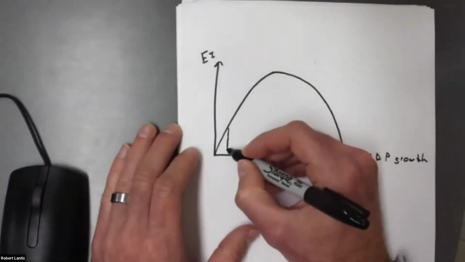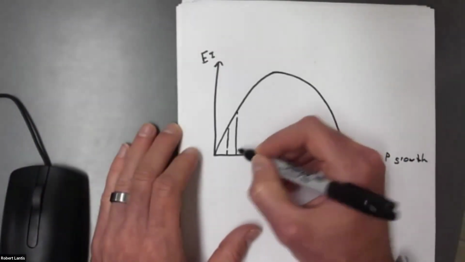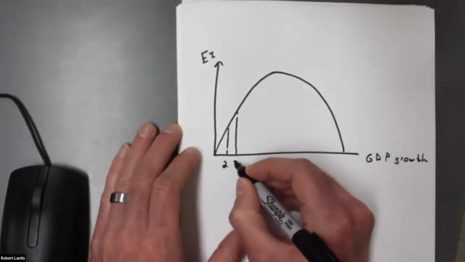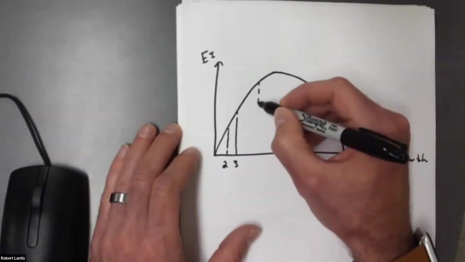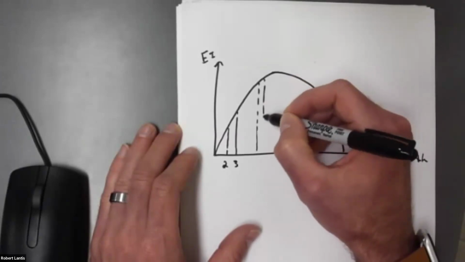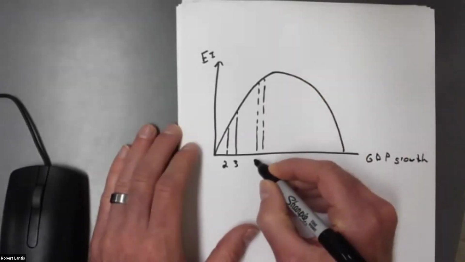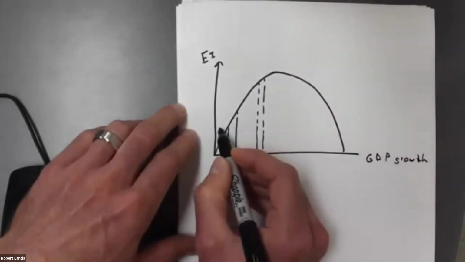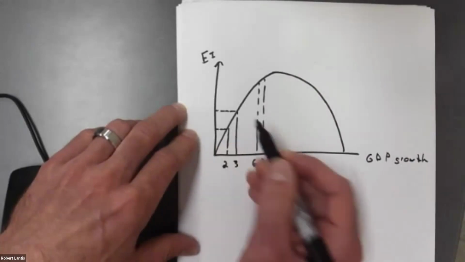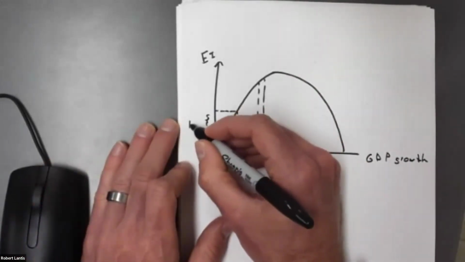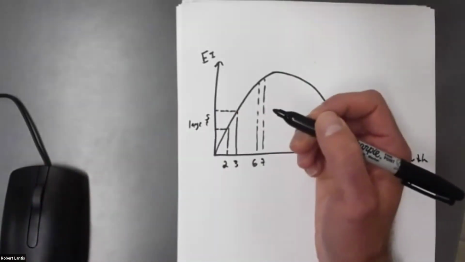So let's think about it this way. The same increase in GDP growth, so maybe I'm going from 2 to 3%, and then up here, I'm going from, I don't know, we'll do 6 to 7%. That increase in economic inequality is relatively large.